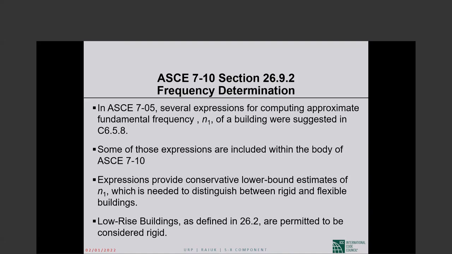And then in ASC 710, some of those expressions moved into the main body of the code. ASC 705 is the basis of BNBC 2020, but it does not have expressions by which you can calculate frequency.